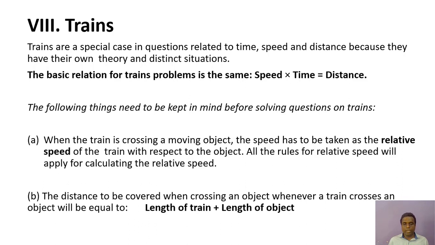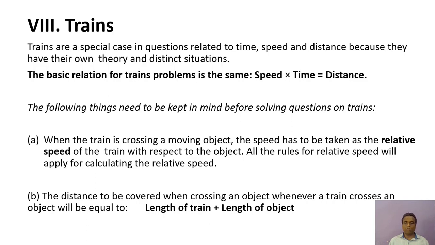Now when the train is passing through a stationary object, how much distance is required to cross that object? Length of train plus length of object. If the object is small, like a pole, its length is negligible with respect to the length of train, so we will neglect the length, meaning the width of the pole.